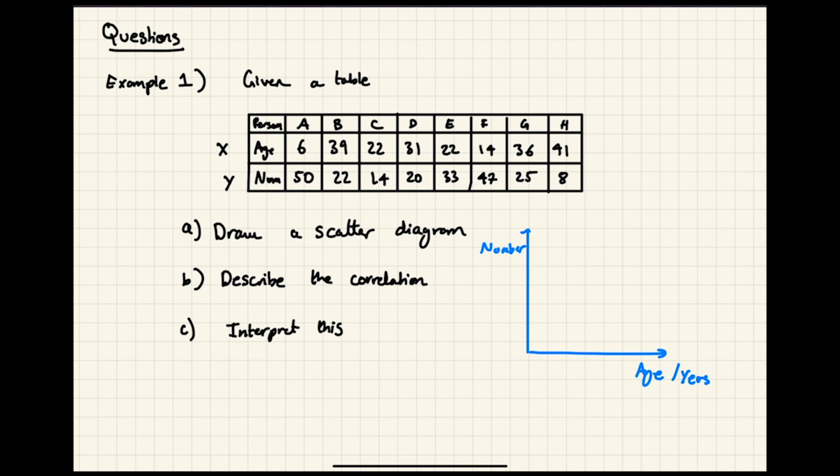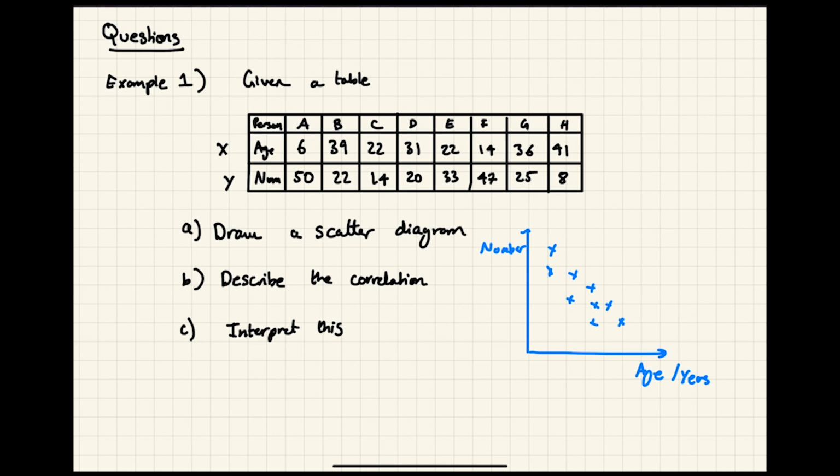If you were to draw this the usual way and plot it, you would find that your diagram would exhibit some sort of correlation, and it would end up looking something like this. That's roughly what you would get if you plotted these points. And normally you'd get some marks for just drawing your scatter diagram properly, so make sure you do that right.